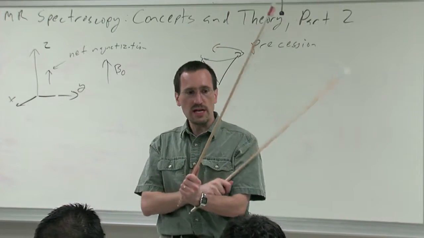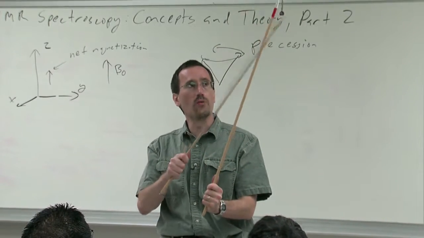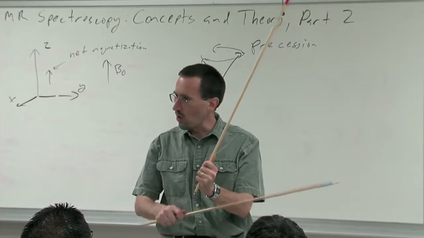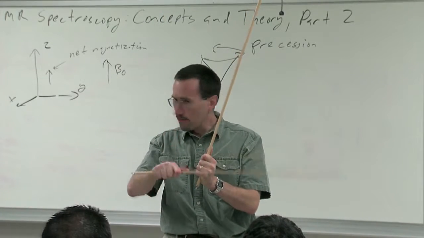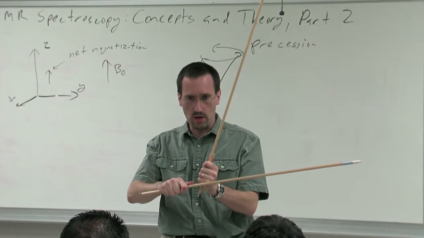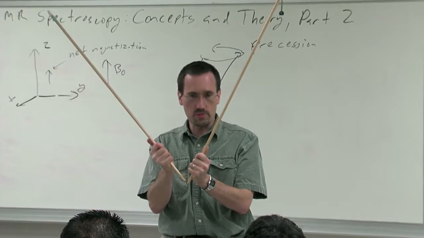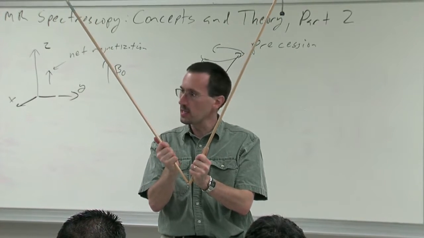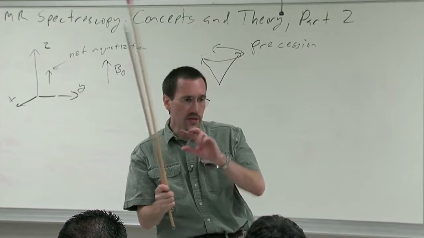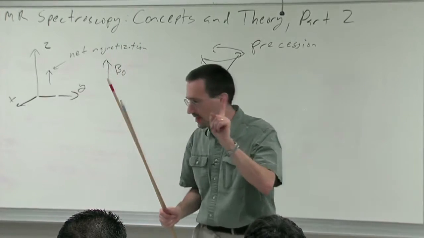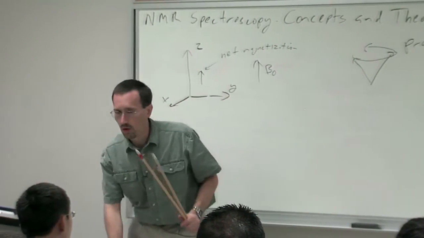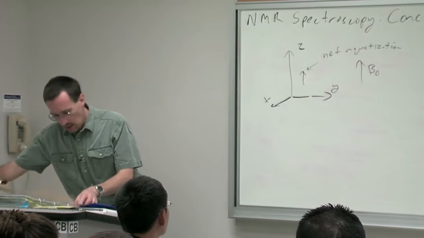So if it were just like this, you'd say there's a net magnetization along the z-axis, but also a net magnetization along the y-axis. But there are other spins that are like this, and they're all going around. So everything's canceling out except the net magnetization along the z-axis.